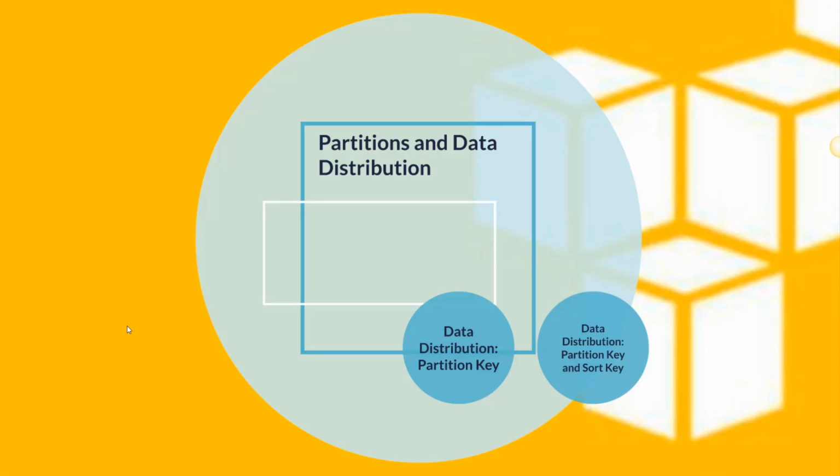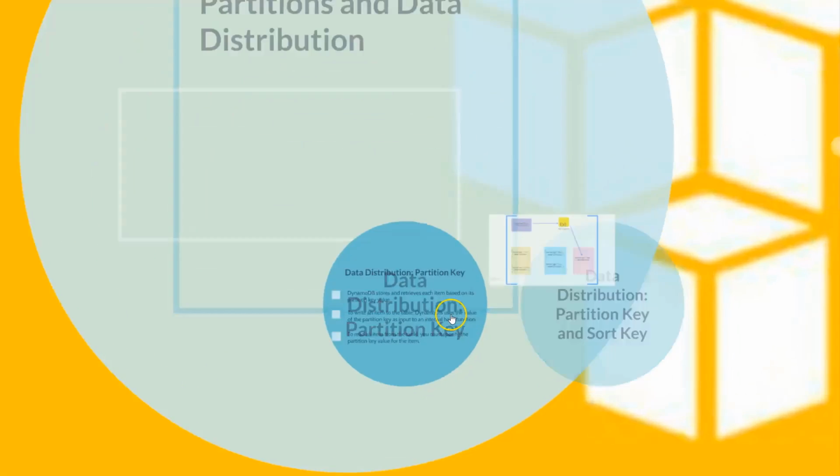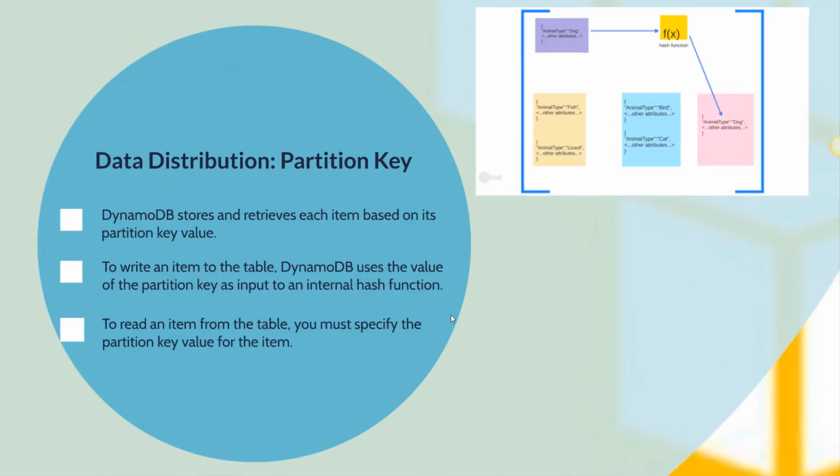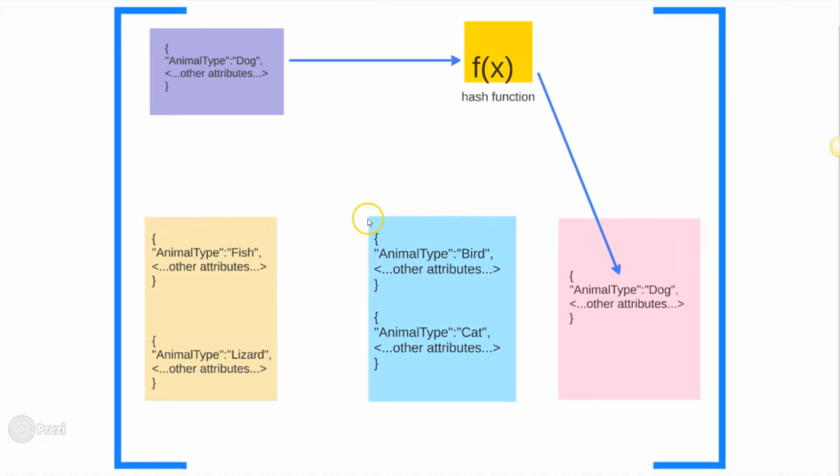Now we will see data distribution for a partition key. If your table has a simple primary key, that is a partition key. So for example, I have a table where the partition key is animal type and the partition key value is dog.